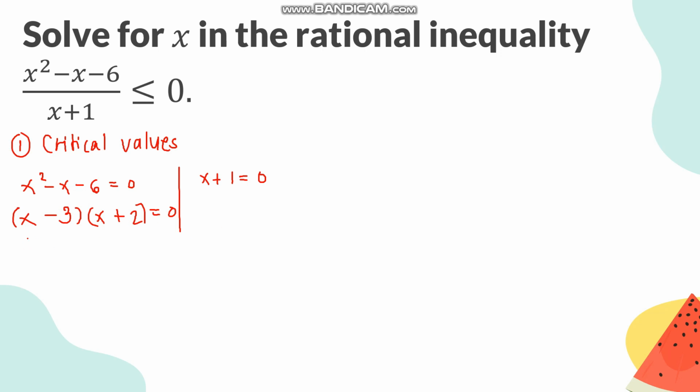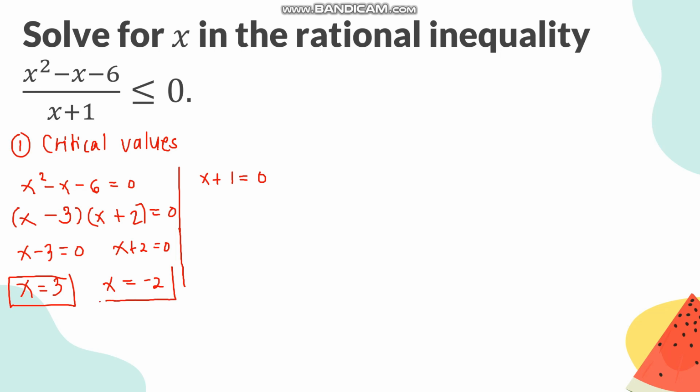And then just equate each to 0. So x minus 3 equals 0 and x plus 2 equals 0. Therefore, the critical values are x equals 3 and x equals -2. For the denominator, we have x equals -1.